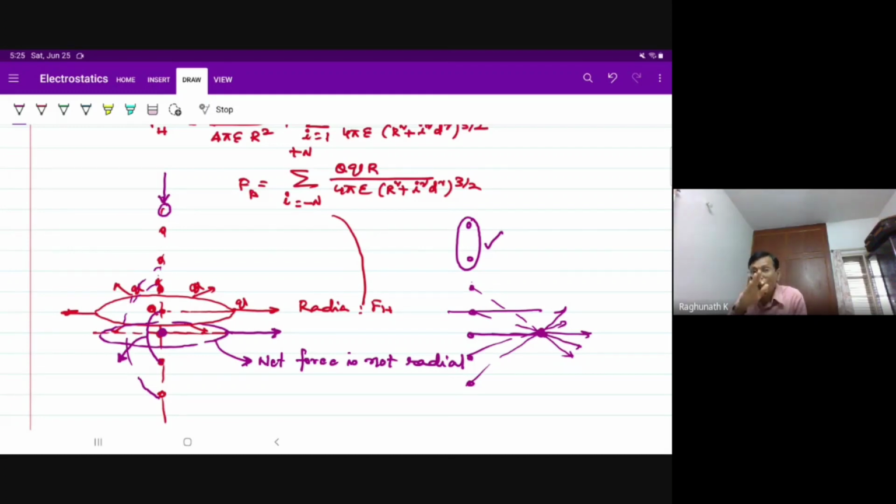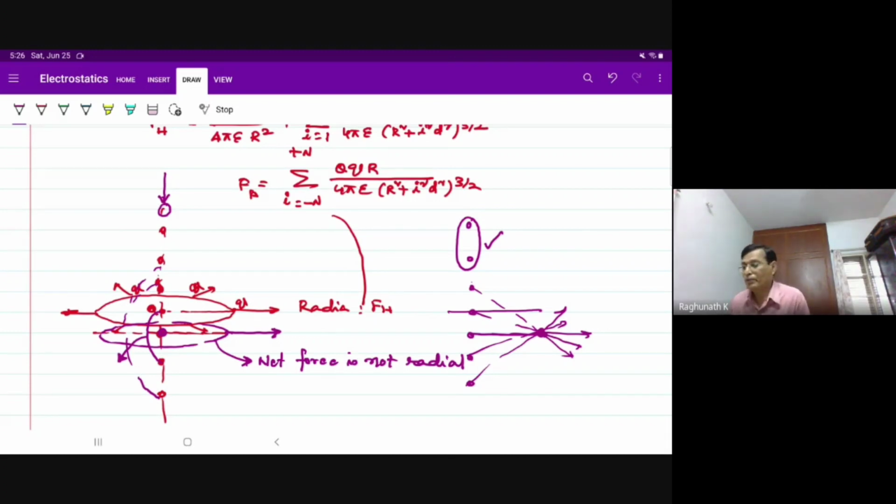If there are a finite number of charges, only along the circle drawn on the plane containing the central charge, the vertical components because of the charges above and below get cancelled out and the net force becomes radial.